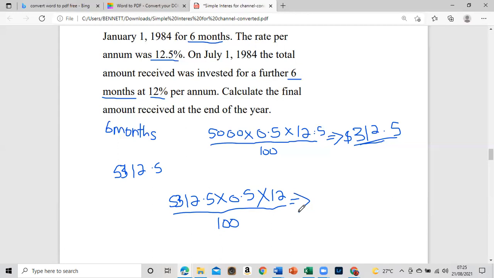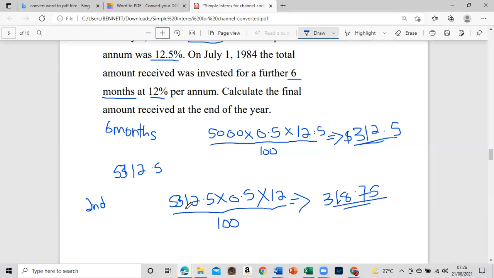So that's 318.75. So this is the amount he's going to gain for the second investment. So we can call this the first investment, and this is the second investment. So now the initial he had 5,312.50. So now we are going to add this to it, and that would be the total money in all.